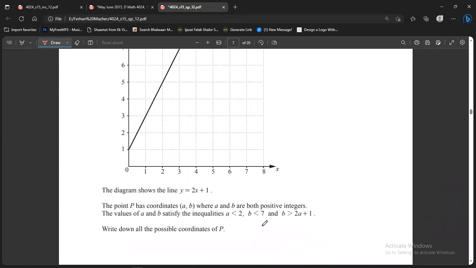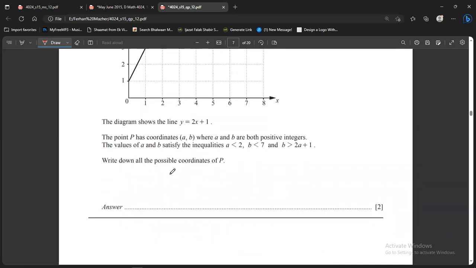So this is basically X less than 2, Y less than 7, and Y is greater than 2x plus 1. Here the A means X and the B means Y. Write down all the possible coordinates of the P.